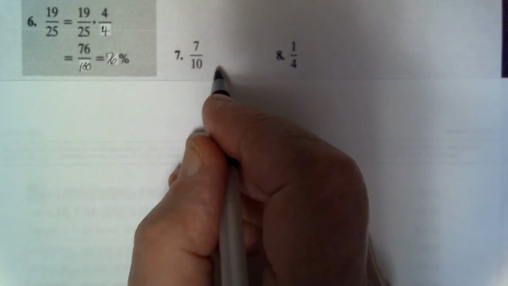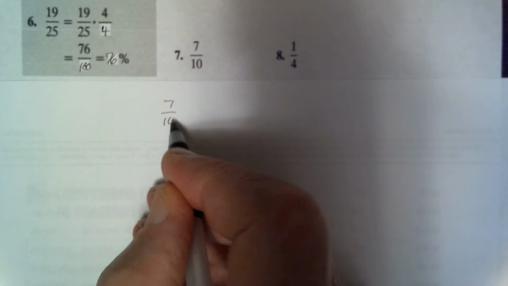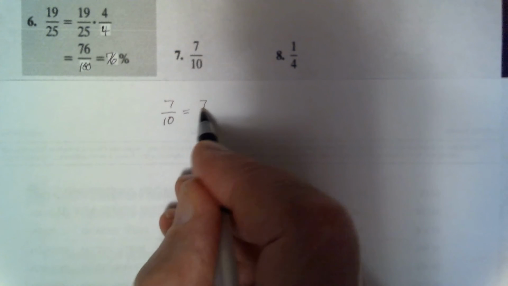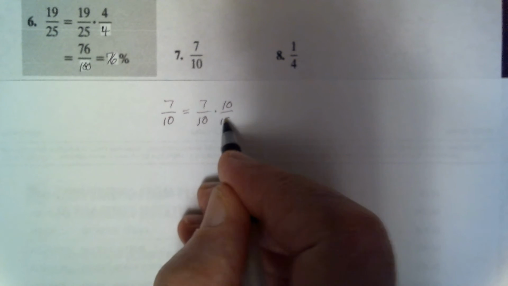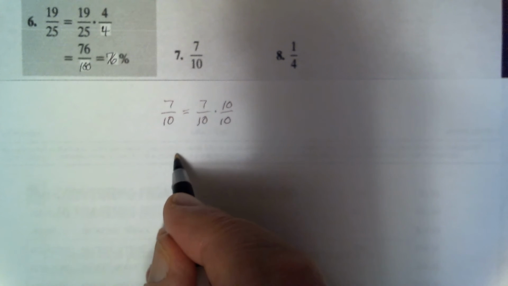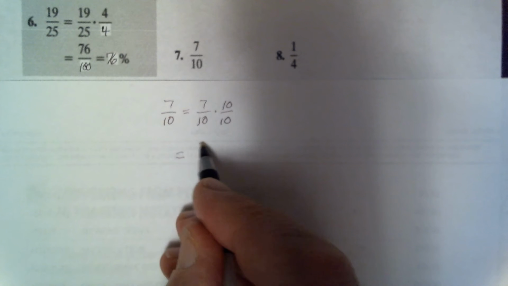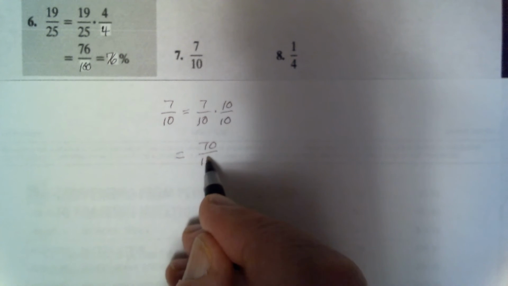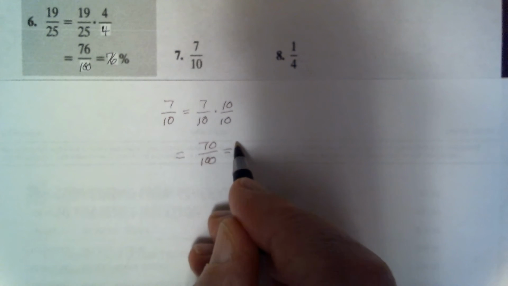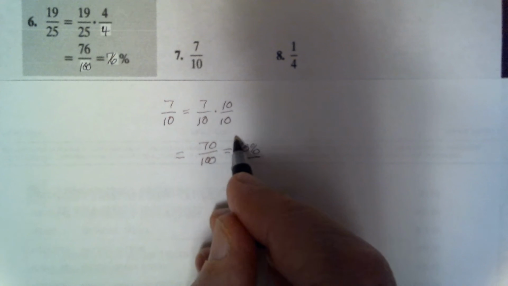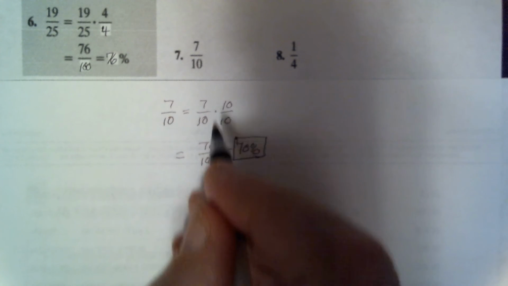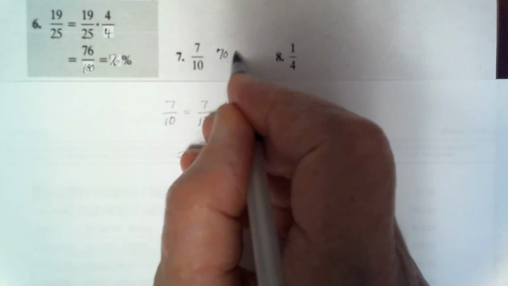In a similar way, we can do number 7. We have 7/10. That's the same as 7/10 times 10 divided by 10, which is equal to 7 times 10 is 70, divided by 100, and that's equal to 70%. So here the answer is 70%.